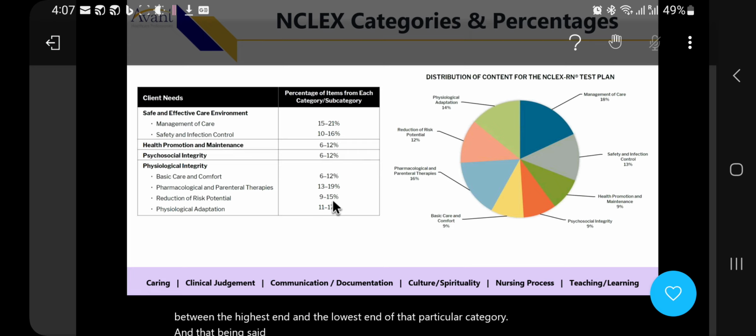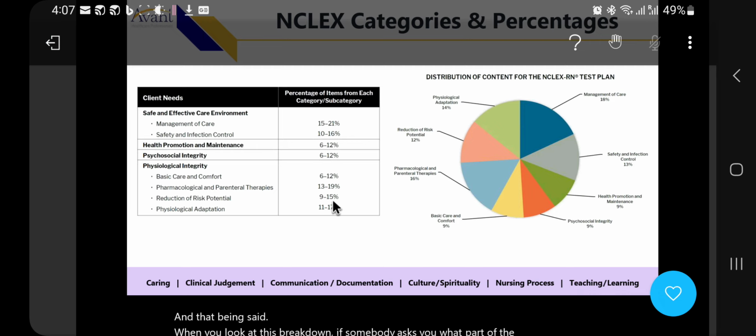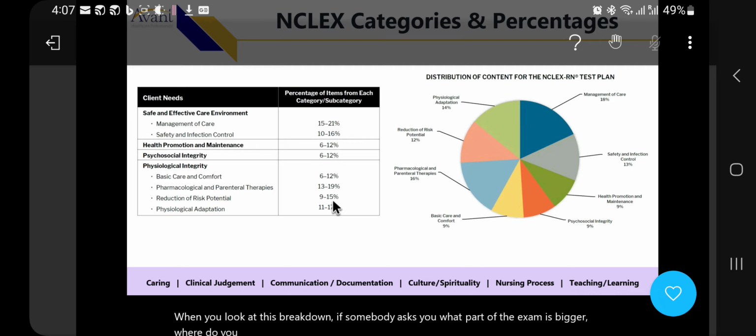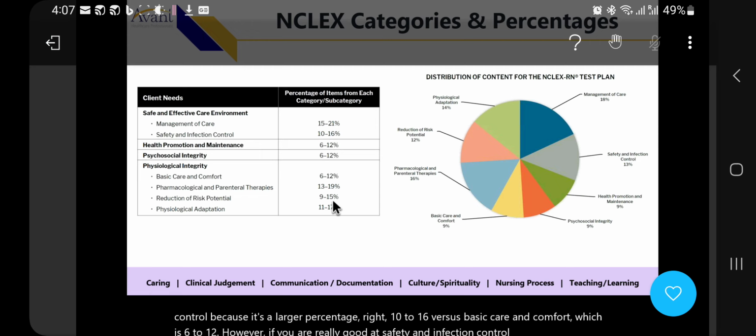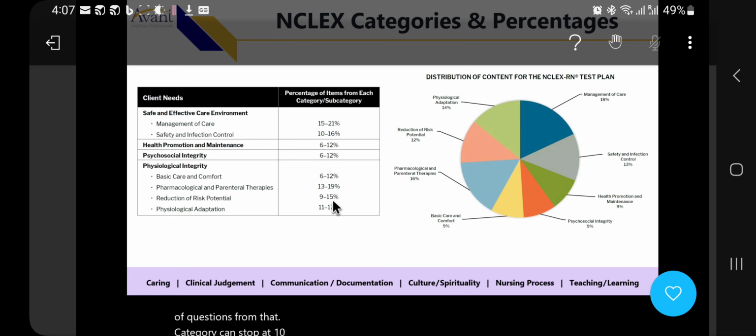And that being said, when you look at this breakdown, if somebody asks you what part of the exam is bigger, where do you get more questions from? Safety and infection control or basic care and comfort? Well, you would say, oh, there's going to be more questions on safety and infection control because it's a larger percentage, right? 10 to 16 versus basic care and comfort, which is 6 to 12. However, if you are really good at safety and infection control, your total number of questions from that category can stop at 10%.